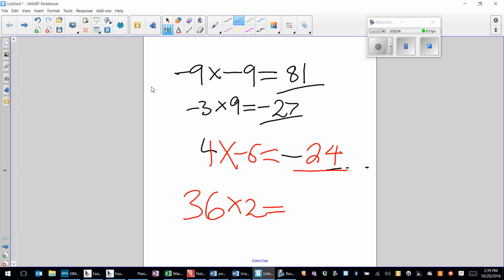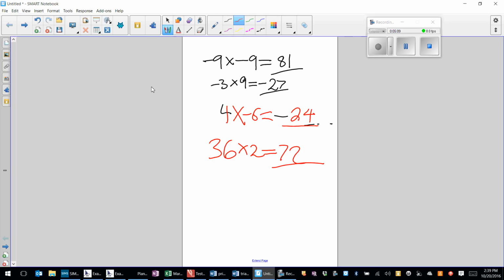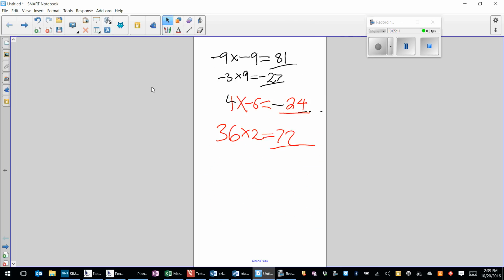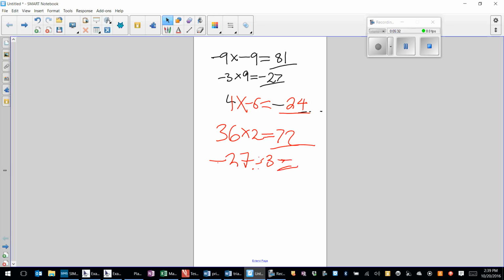Let's do a couple of divisions. Negative 27 divided by 3. Negative 9. Yes, that's a wonderful answer.